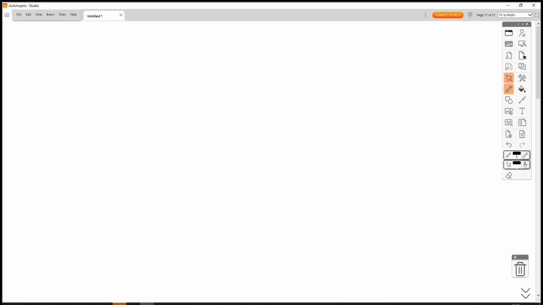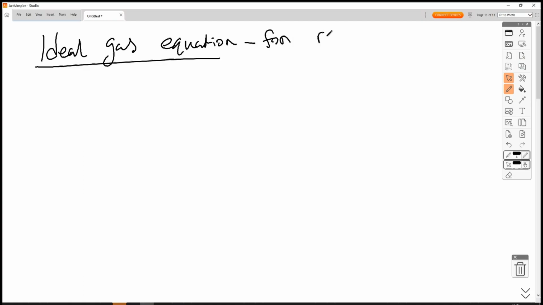So now I will give you the ideal gas equations in two scenarios, or two different ways of looking at it. The ideal gas equation for n number of moles is PV.